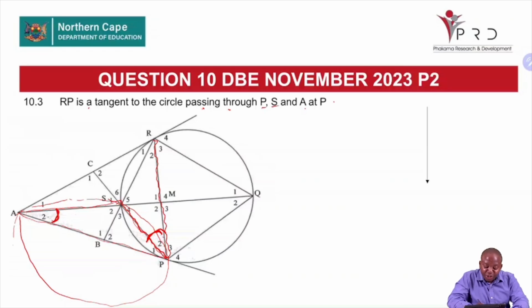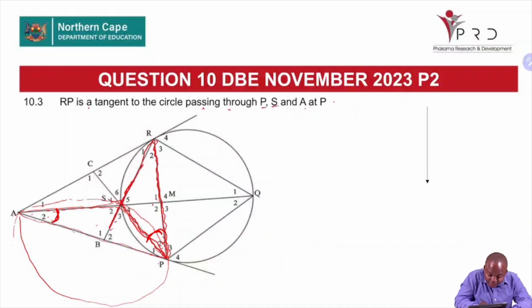We notice that P2 is in a different triangle and A2 is in a different triangle. So what do we do in this case? We have to make sure that we can connect the two triangles together. P2 is in this triangle and A2 is in the other triangle, which is this one there. How do you connect them together? We can connect them using the exterior angle of a triangle.